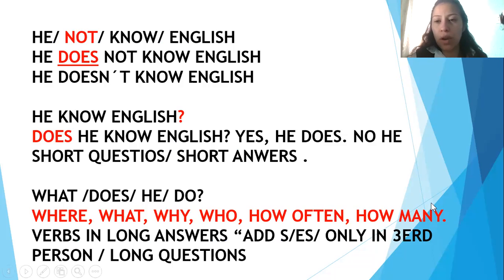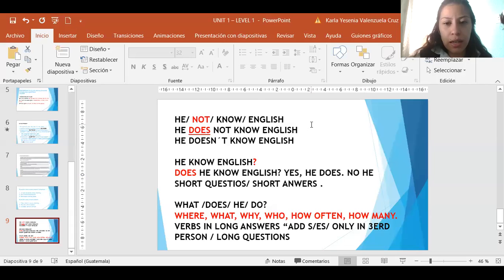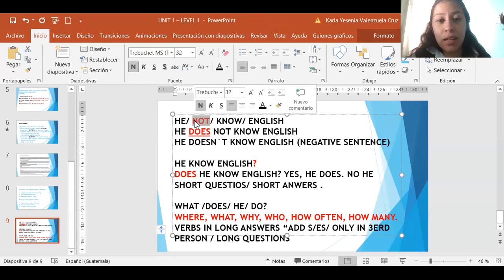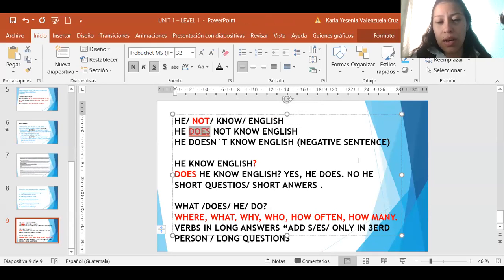I'm going to write something else right here. This is a negative sentence because you're using not. So it means that it's negative and you are using does not. Negative sentence, keep it in your mind.